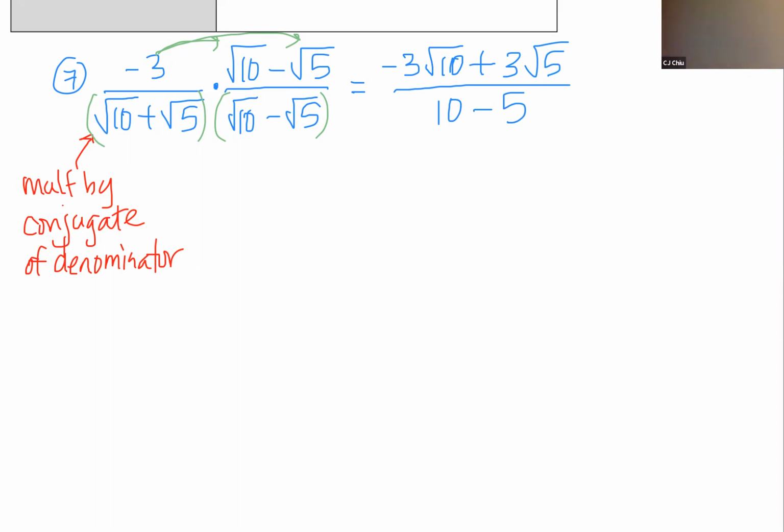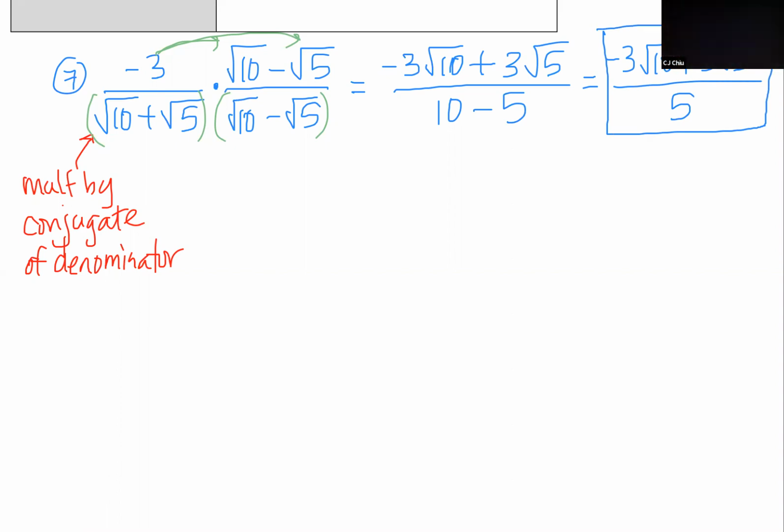Okay, so then you get negative 3 square root of 10 plus 3 square root of 5 over 5. Okay, and then that stays there. You might be tempted to cross out the 5s, but since 10 and 5 are in the square root and the numerator 5 is not, you can't do that. Okay, so then it just stays.